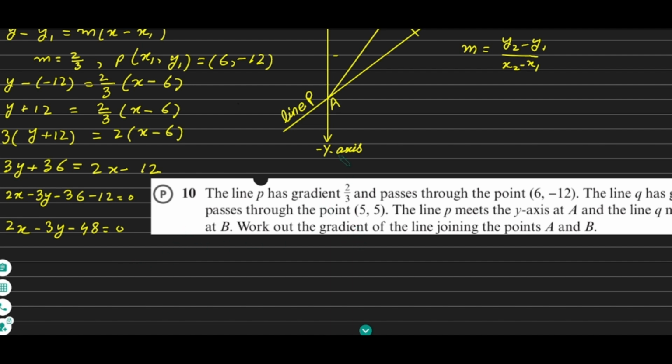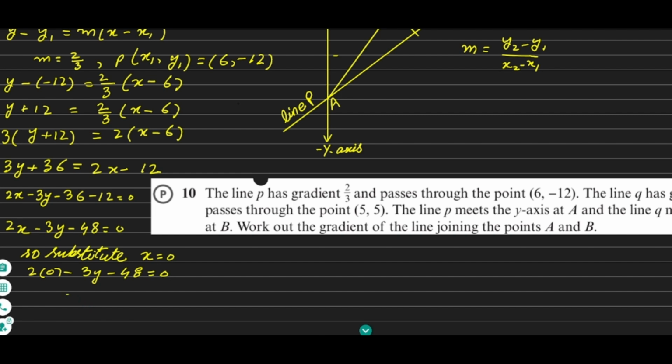Now, as the point A lies on the y-axis, in the equation of line we will replace x equal to 0. So substitute x equal to 0: 2 times 0, minus 3y minus 48 equal to 0.